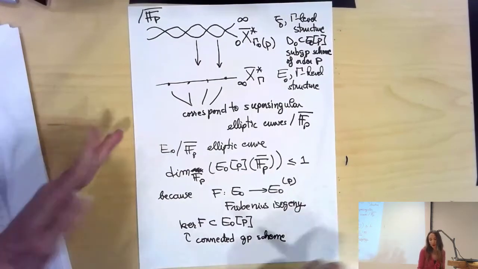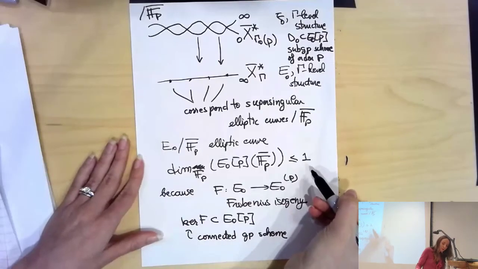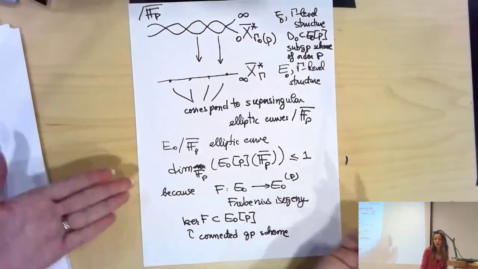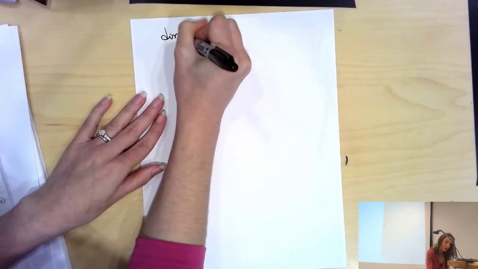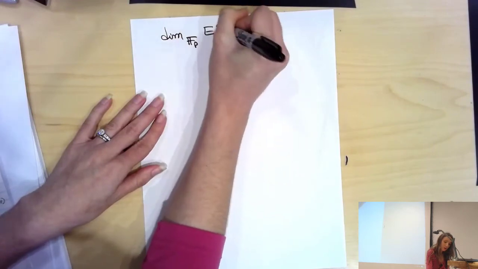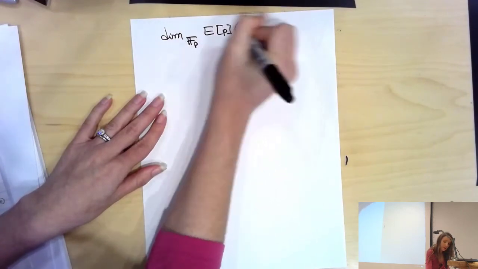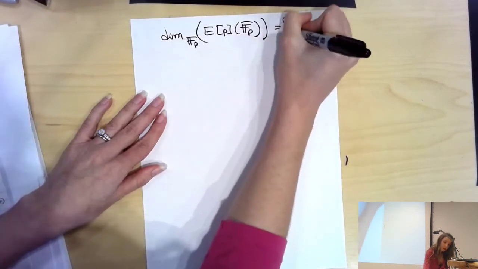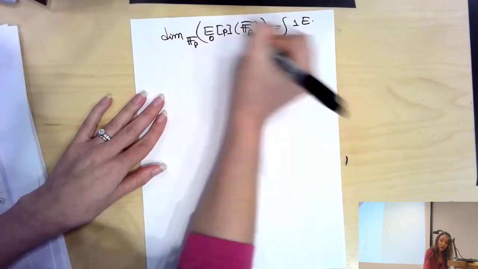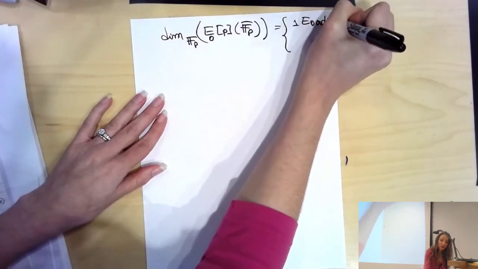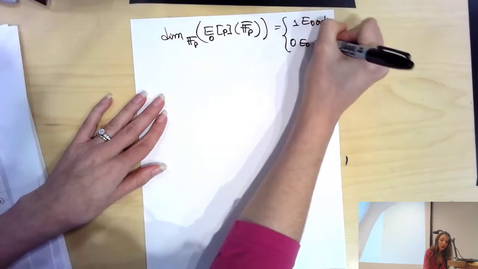So you already lose 1, and that's why you get this bound. And now, if the dimension is 1, then E naught is ordinary. And if it's 0, then E naught is supersingular.